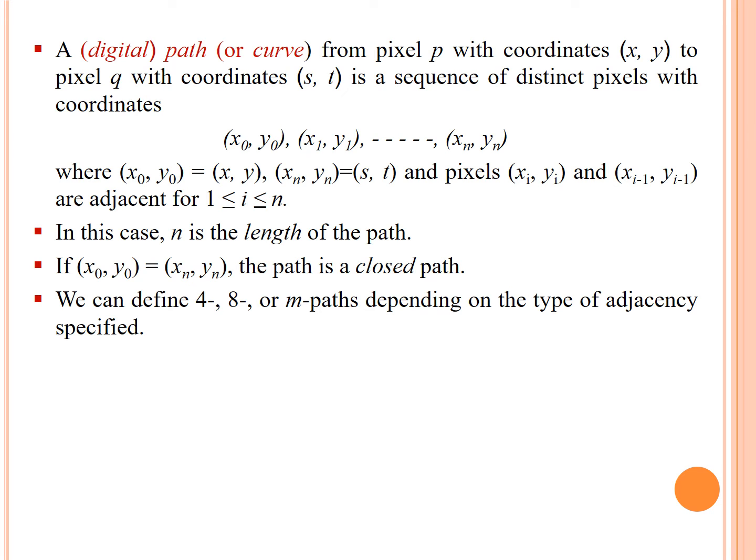In this case, n is the length of the path. If (x0, y0) is equal to (xn, yn), the path is a closed path. We can define 4, 8 or m paths depending on the type of adjacency specified.